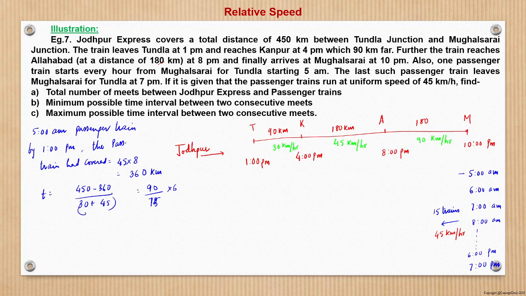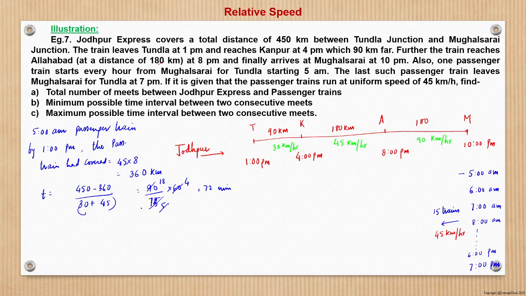To convert to minutes, we multiply by 60, and this gives 72 minutes, right? So the first train meets.